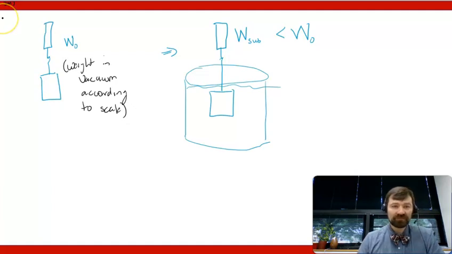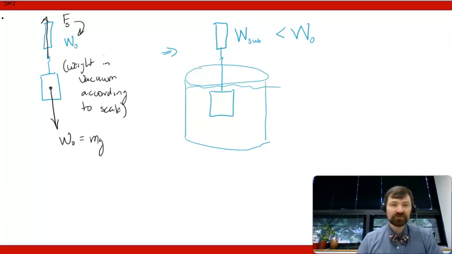Now, why is that? Because over here I have a force, weight in vacuum, which is m times g, acting downward, and that's all that the scale can detect. That means the scale has to pull upwards with force of scale, and that gives me my weight. Well, when the thing is in the water like this, I have a downward force of mg, but I also now have an upward force F buoyant.